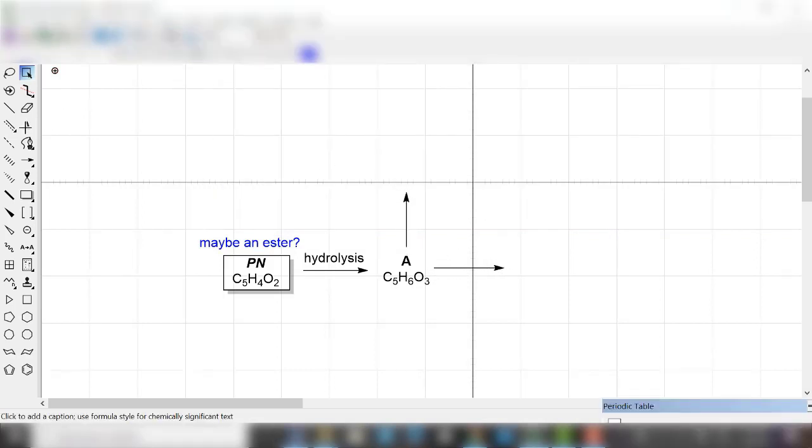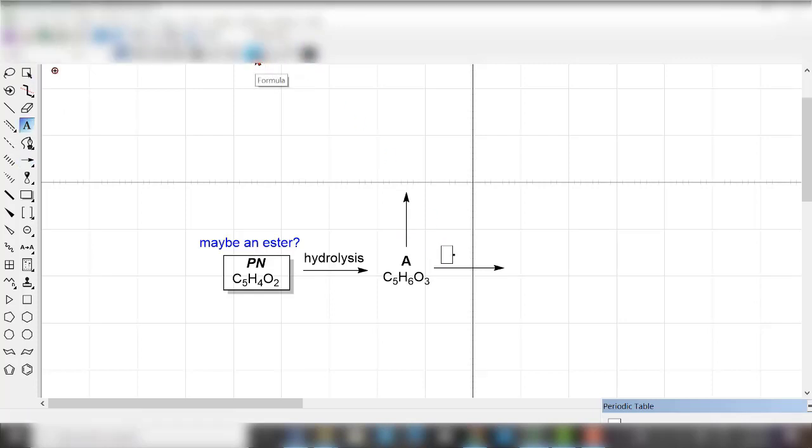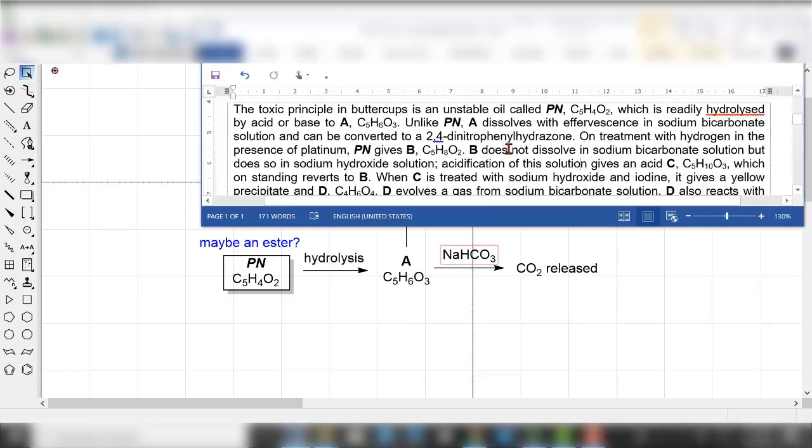So I think we need to make good use of it. NaHCO3, and then this is CO2 released. And then after that, positive test. I'm just going to do very short annotation, because the main thing is the thought process behind getting the answers.